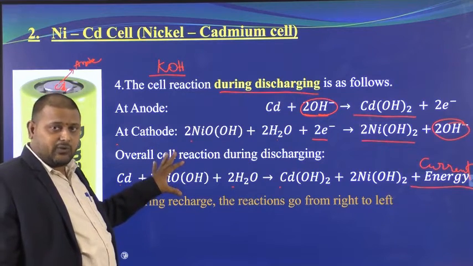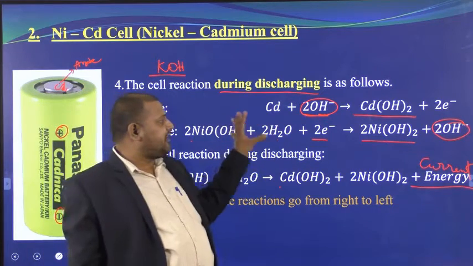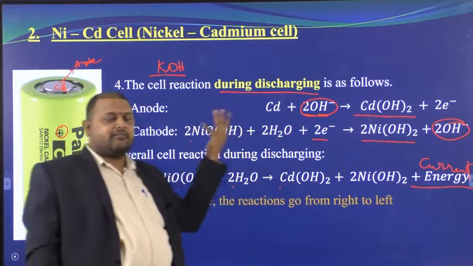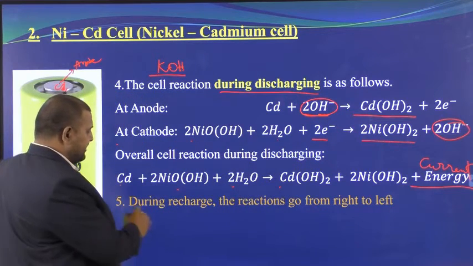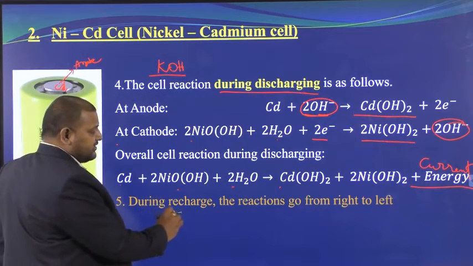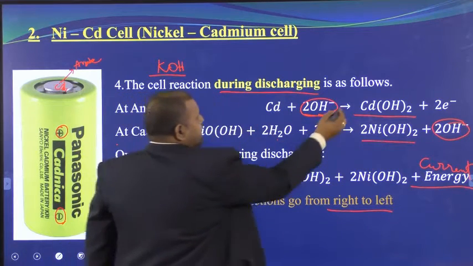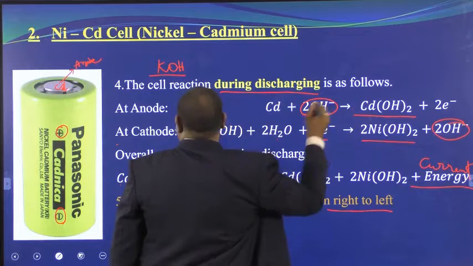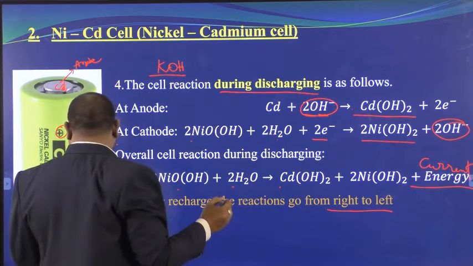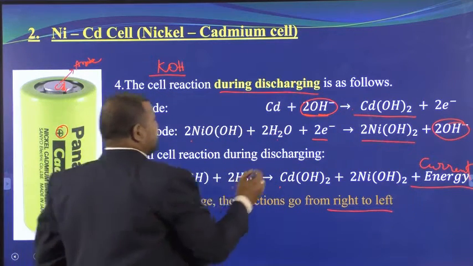While recharging, what happens? This forward reaction becomes the backward reaction. This is what I have clearly written here. During recharge, the reactions go from right to left. So this is discharging. During recharging, I will use a different color here for you to understand.